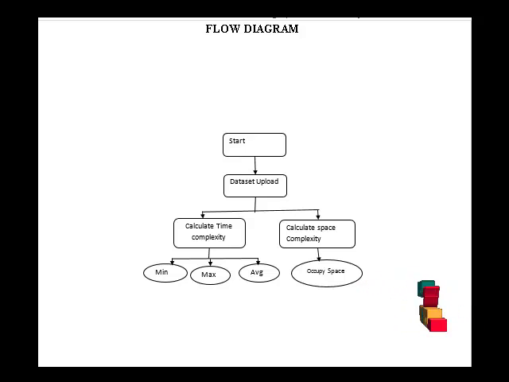The space complexity is calculated from how much space is occupied by a particular dataset in the database, in MB, KB or GB. So this is the main concept of this project.